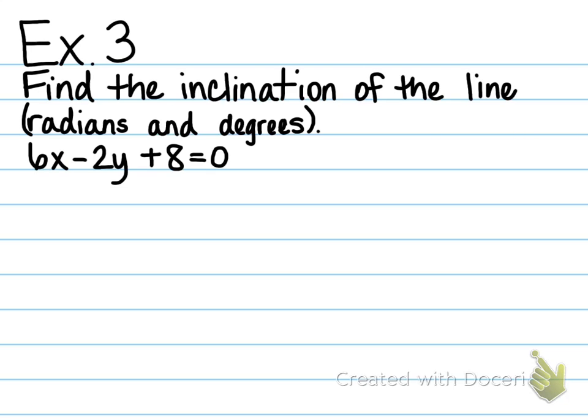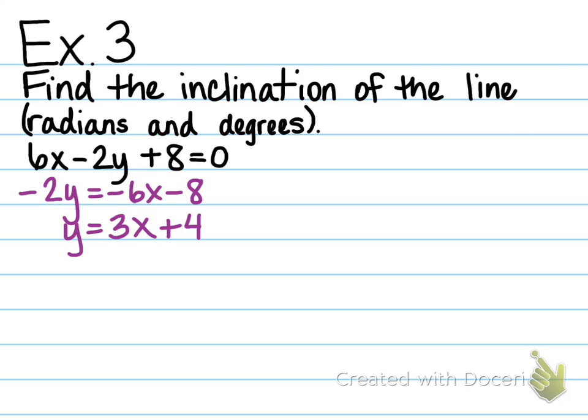So this means I need to move the 6x and the 8 to the other side. So negative 2y equals negative 6x minus 8. Then I'm going to divide everything by negative 2. So then y will equal 3x plus 4. So then the slope of the line is m equals 3.